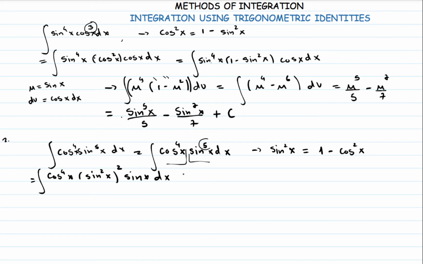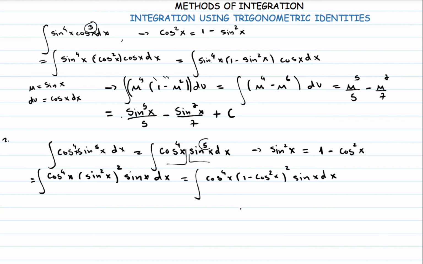Done. This is our expression. Now we have to replace with the identity. Instead of sine square of x, we are going to have 1 minus cos square of x, all this squared, into sine of x dx.